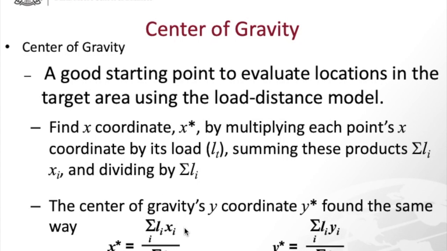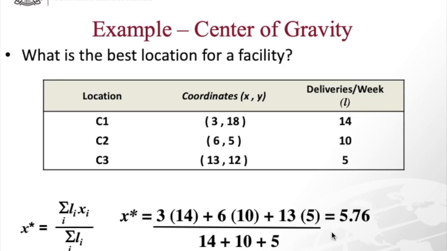And you're doing that by summing the x of the different places that you're going to deliver by the load of all the times that you're going to deliver there, and dividing that by the total load. So it's a weighted value of the x coordinate, and then a weighted value of the y coordinate, weighted by the number of times that you're going to deliver. It's going to look a lot less scary when I give you the example.